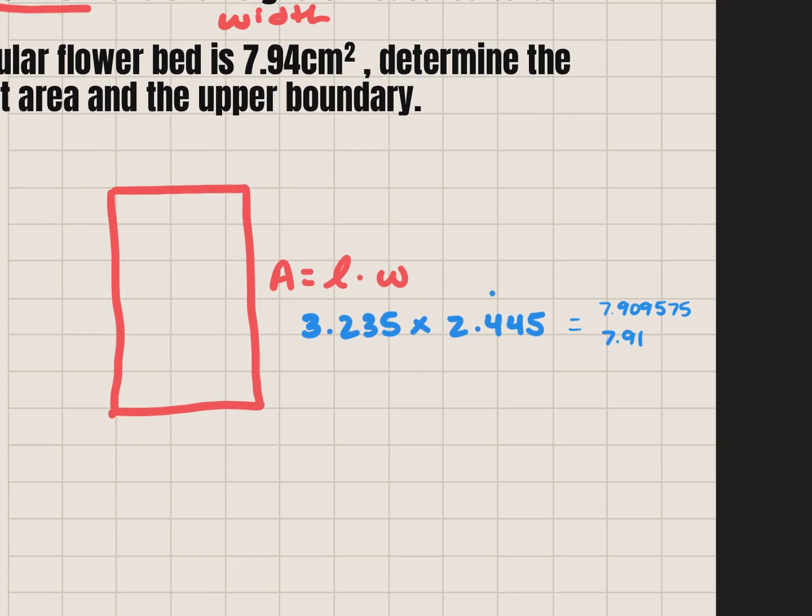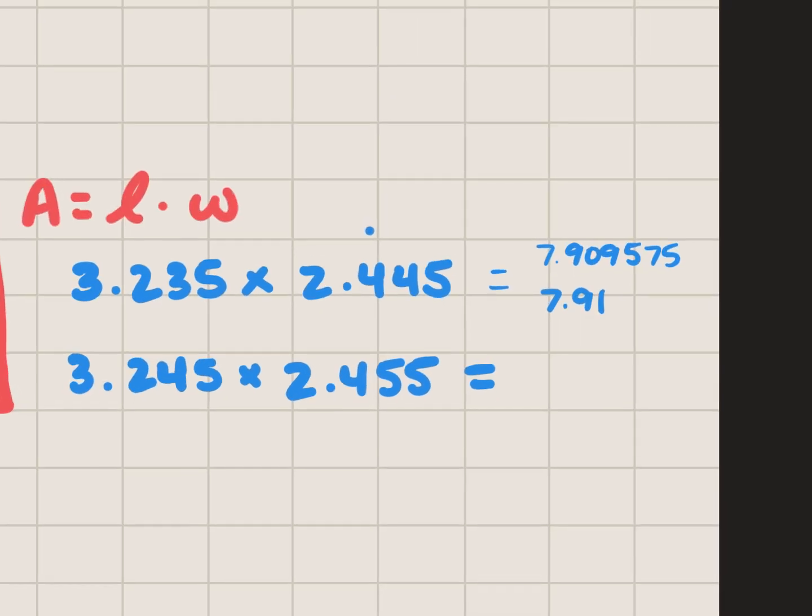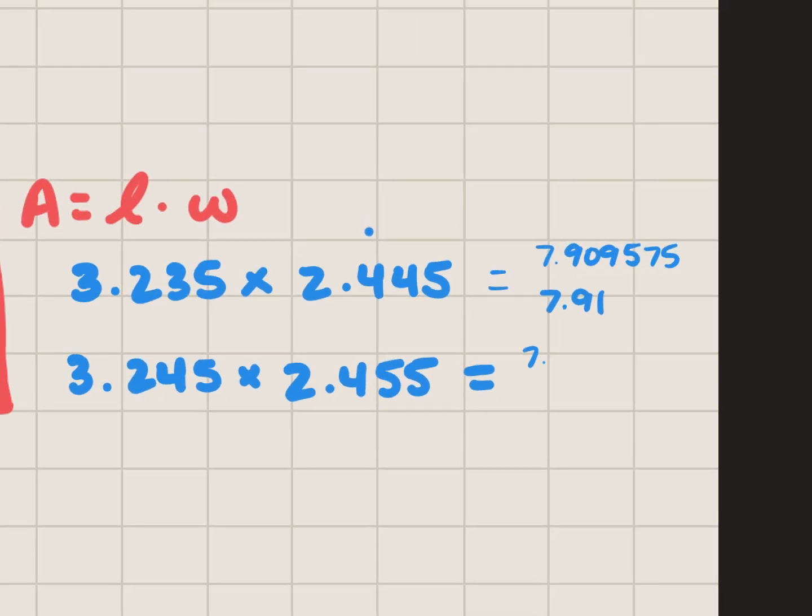And then I'm going to do the same thing for my upper boundary. Okay, so I'm going to go 3.245 times 2.455, and that's going to give me a value of 7.966475, which we round to three significant figures, so in this case 7.97.